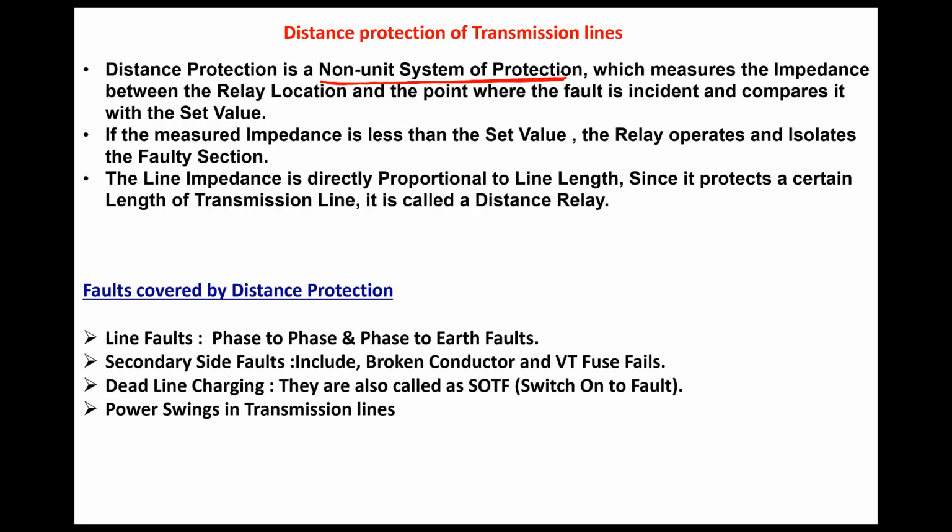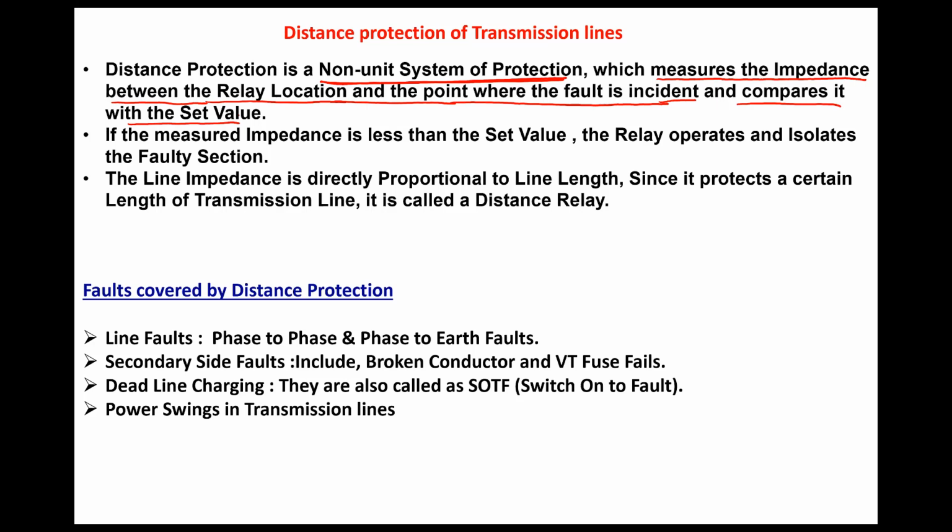We already discussed what is unit protection and non-unit protection. In distance protection, the distance relay measures the impedance between the relay location and the point where the fault occurred, and compares it with a fixed impedance value, which we have already set.